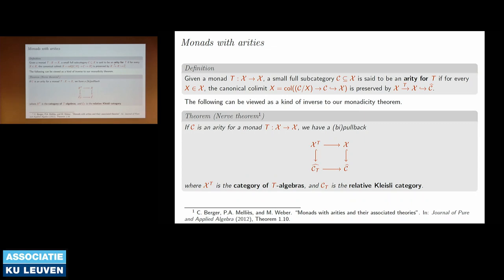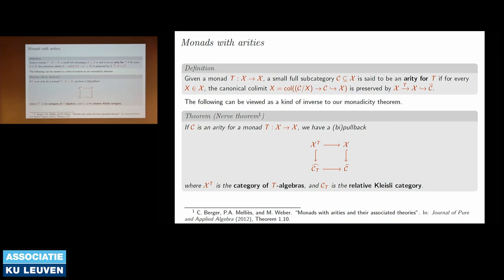And now there's this theorem that says if C is an arity for a monad, then we have a bi-pullback where the category of algebras for the monad is somehow given by a bi-pullback. And on the top and the bottom line, we have presheaf categories.